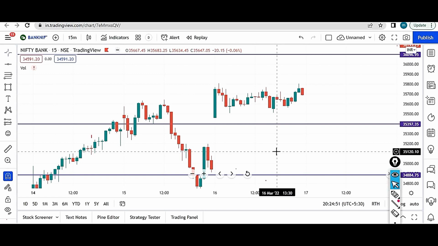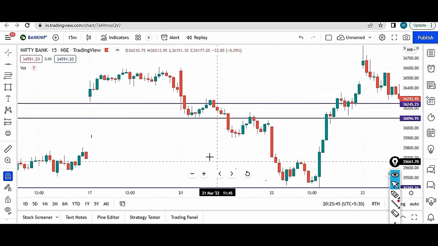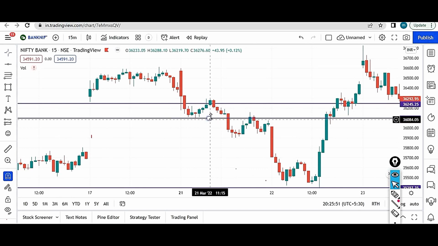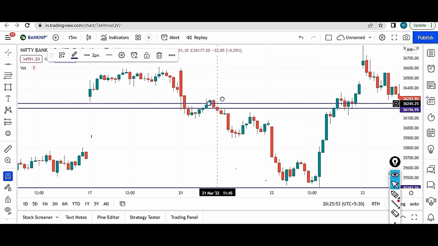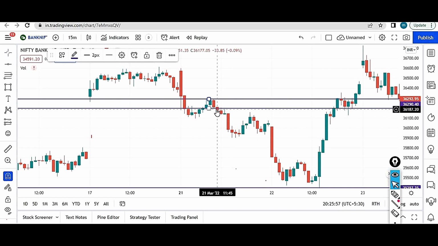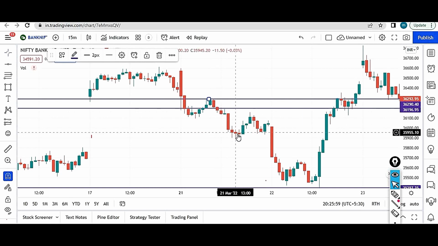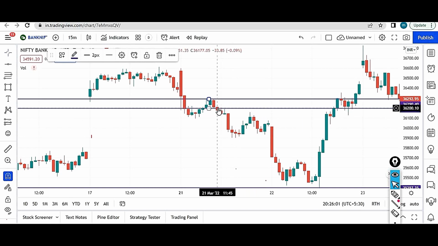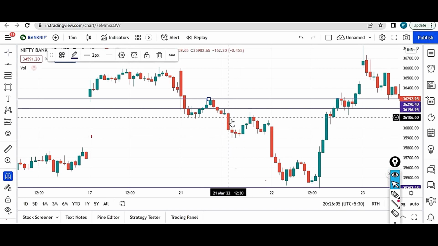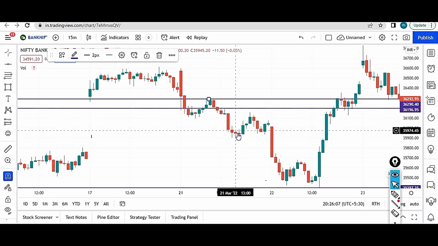Let's figure out further inside bars. And March 21st around 11 o'clock, it made one inside bar here. Okay, you enter on this candle and it gave almost 200 to 300 points fall, which is very good for intraday, right?